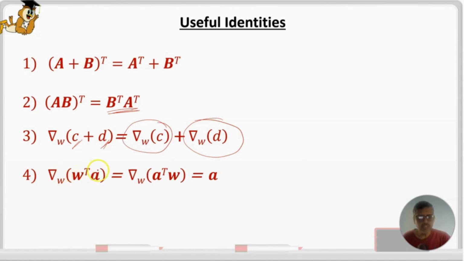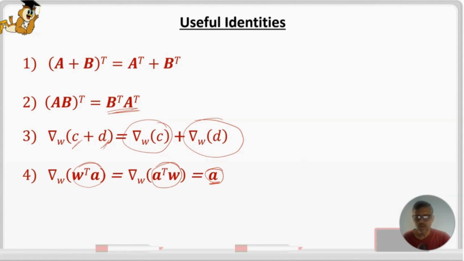Gradient of W transpose A is equal to gradient of A transpose W, and it is simply the vector A. Here A and W are vectors. Both of their gradients are identical, and it is simply the vector A.